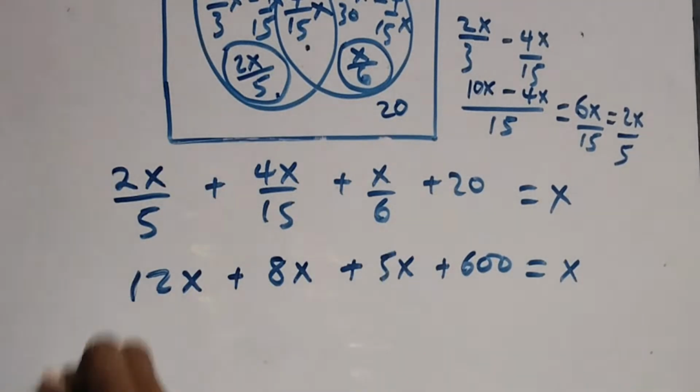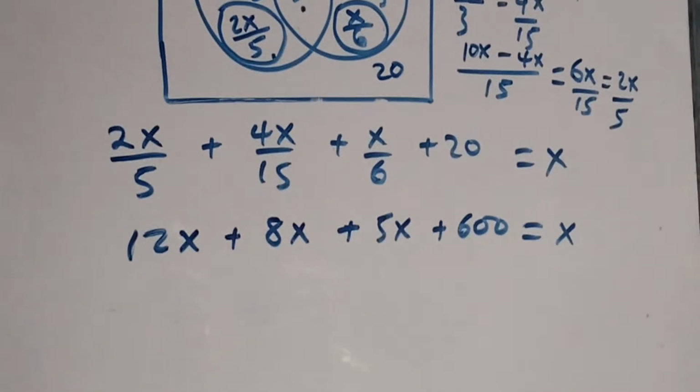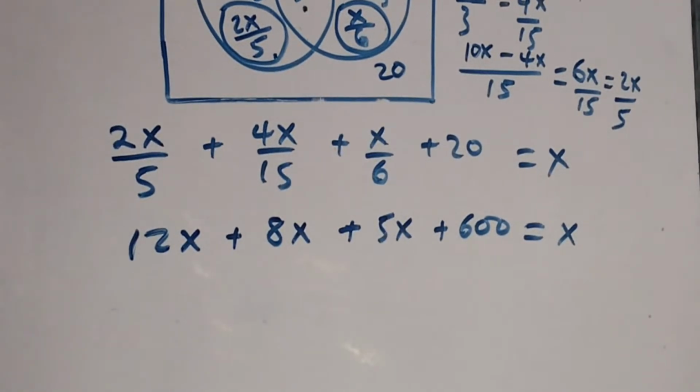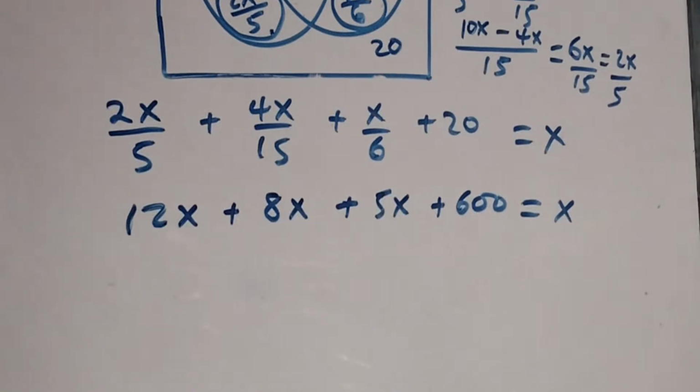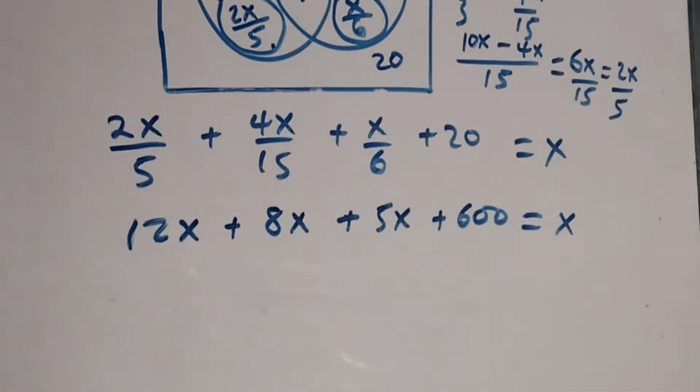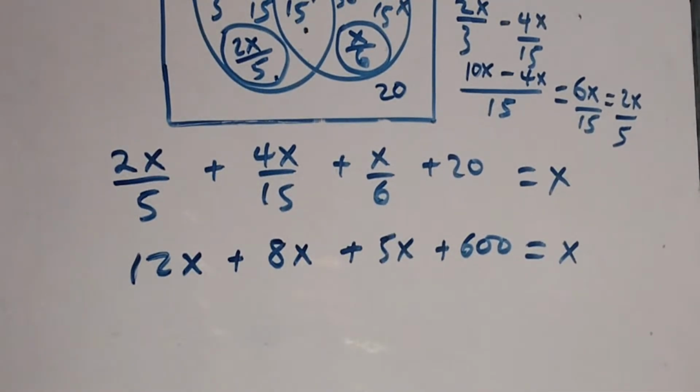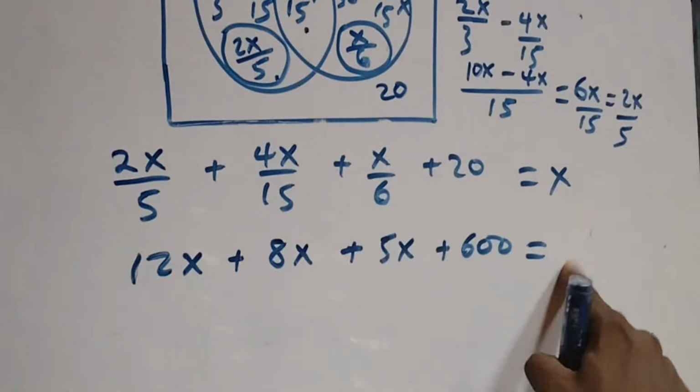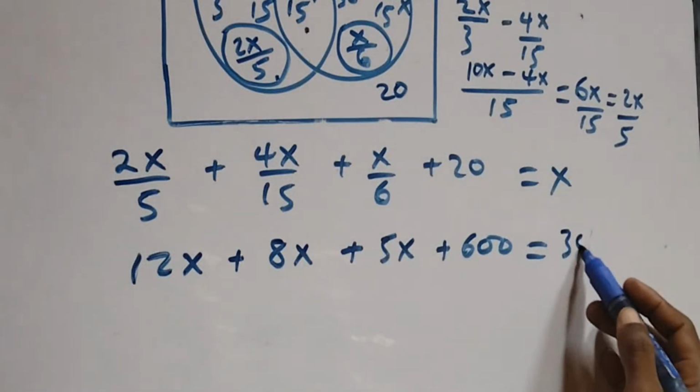Oh sorry, there's a mistake. So we multiply through by 30. We should multiply this side by 30 as well. So 30 times x, that's 30x.